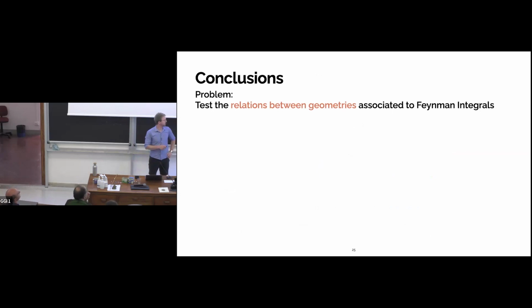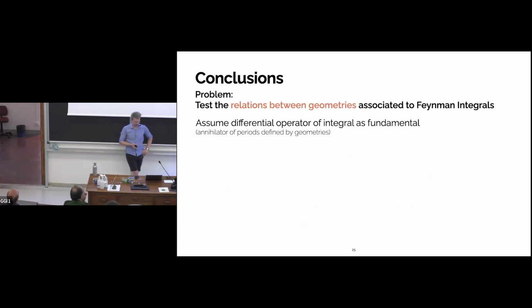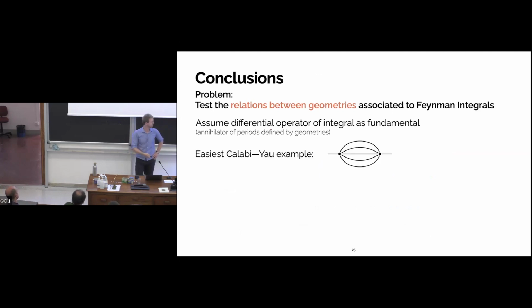The problem we set out to address was to test relations between the geometries associated to Feynman integrals. We assumed that the differential operator that annihilates an integral is something fundamental, in particular its interpretation as the annihilator of periods of the geometry.